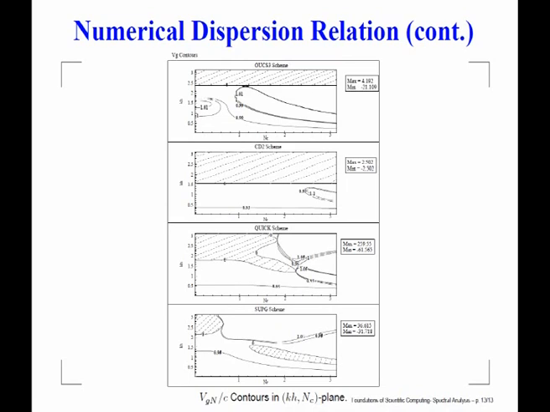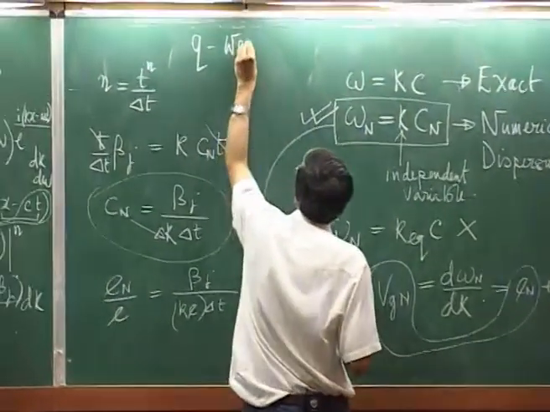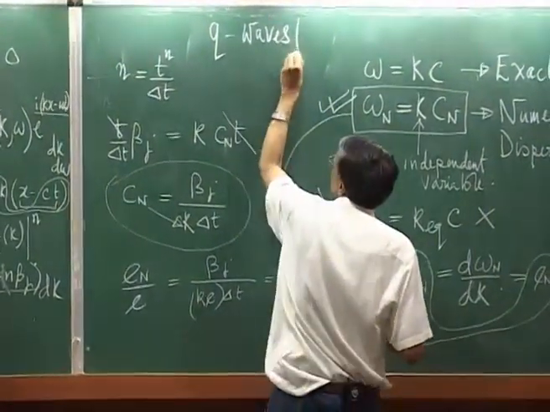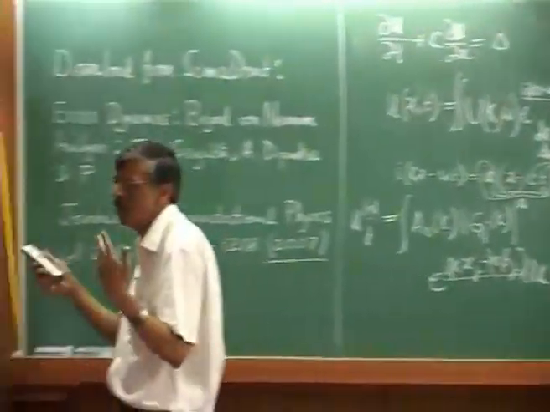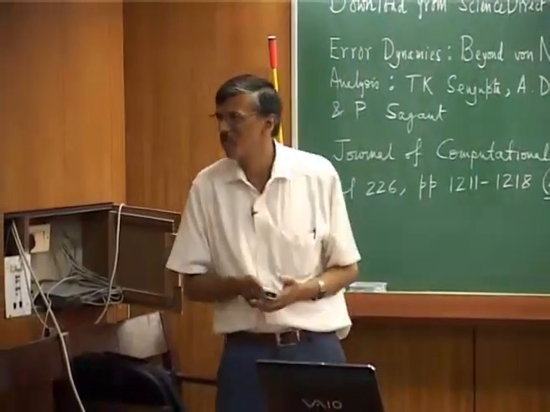And since these are not physical waves, somehow this nomenclature has stuck. This type of spurious solution is called not p waves, but q waves. Okay. So, q waves means spurious upstream propagating solutions.